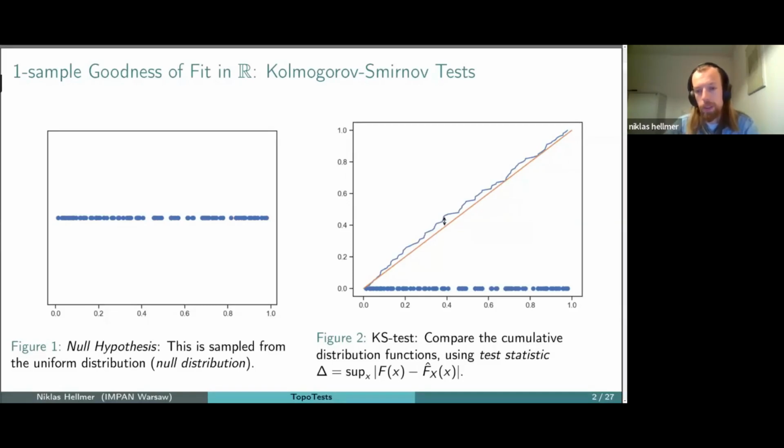The supremum distance is what we call the test statistic. What I mean by big or small is precisely known in the case of Kolmogorov-Smirnov tests. There are tables which tell you for which values of the test statistic you should reject the hypothesis, and moreover, you can give p-values.